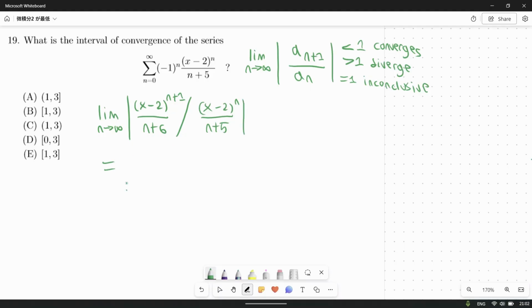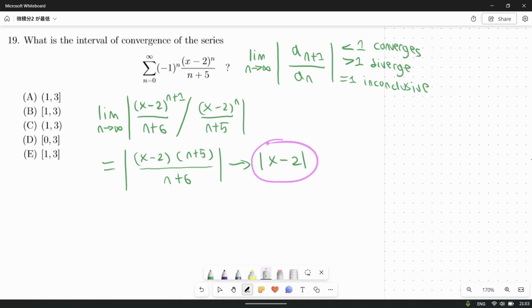Then this will simplify to the absolute value of x minus 2 times n plus 5 over n plus 6. This limit is going to evaluate to just the absolute value of x minus 2. You can see this because if you treat x minus 2 as one big constant and apply L'Hopital's rule once, it turns both of these terms into 1. Since this is treated as a constant, all you have left is x minus 2.